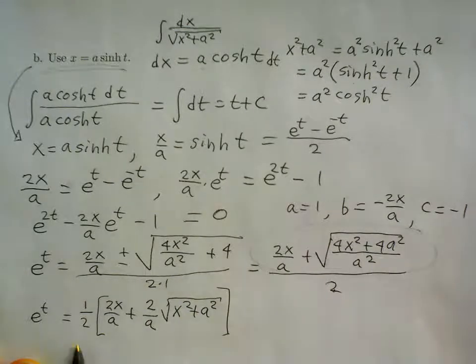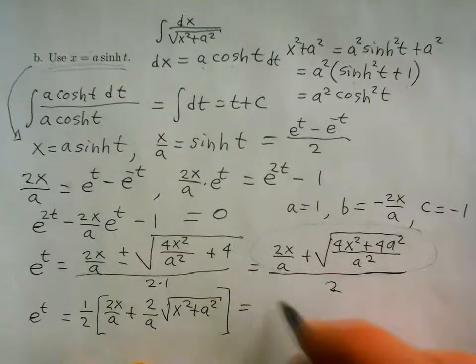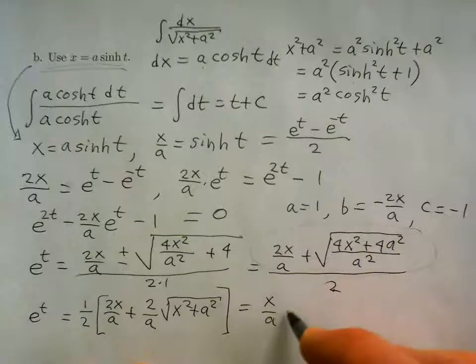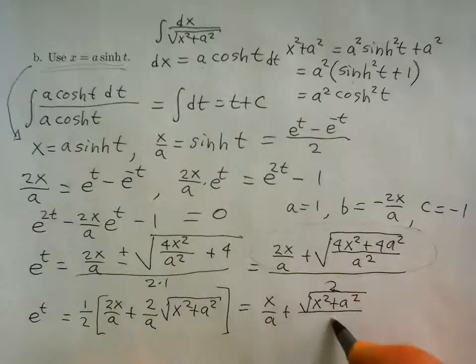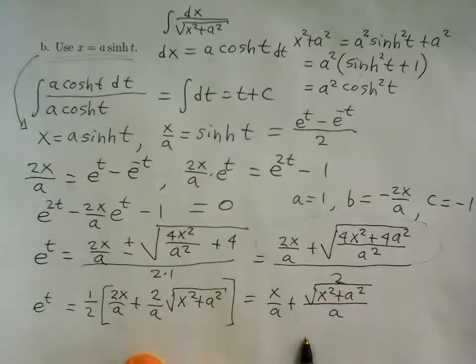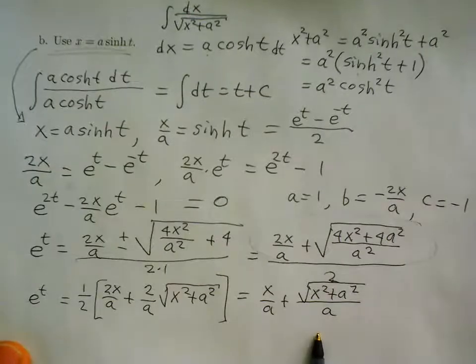And now when we distribute multiplication by 1/2, we get x over a plus the square root of x squared plus a squared over a. And that is what e to the t is.